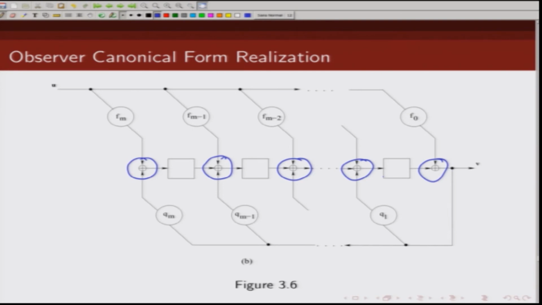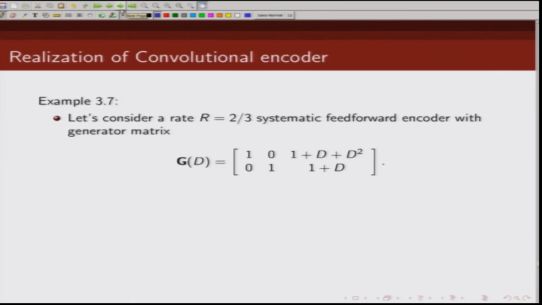Here it is just opposite. So, you can see this is the f0 term, f1 term, f2 term, and similarly in the denominator you can see this is q1, this is q2, like that this will be qm. The same generator matrix can be realized using two different forms. So, let us take an example to illustrate this.